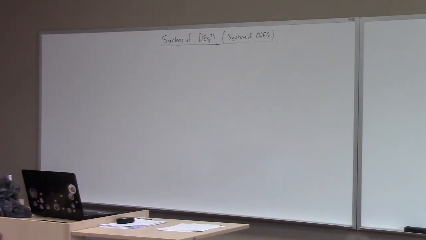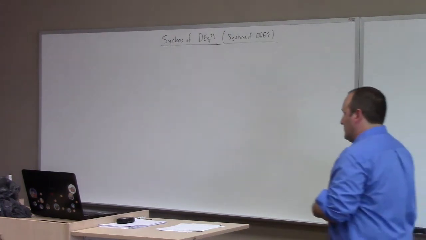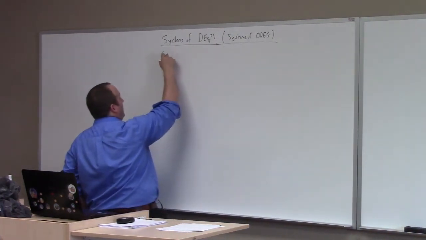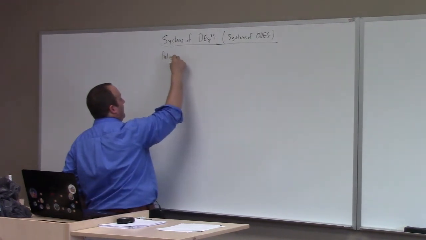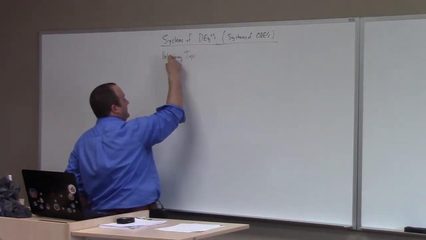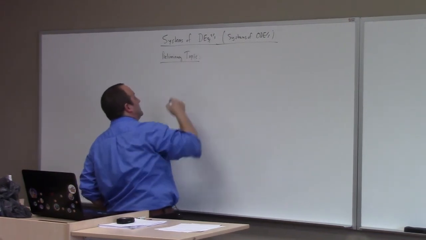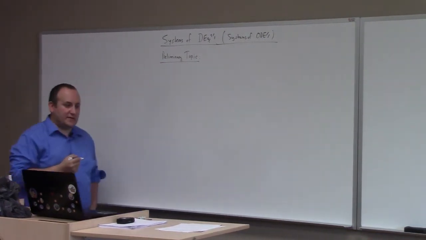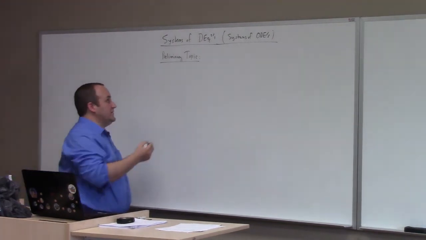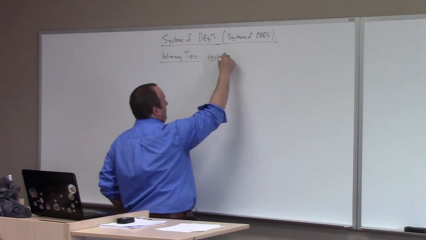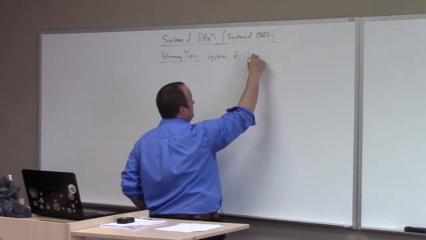But before we even get to that, we have to go back and pay our dues, so to speak, and just talk about the preliminary topic, which we should deal with, because depending on your high school experience, it may be more or less developed in your mind already. But the preliminary topic is systems of linear equations.